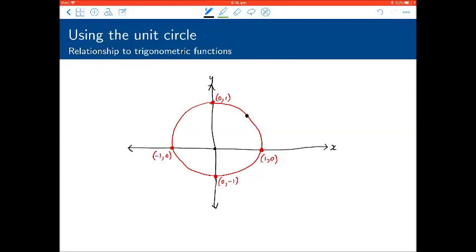If I have some point on this circle with coordinates x and y, then x is equal to cos theta, y is equal to sine theta, where theta is this angle in here.